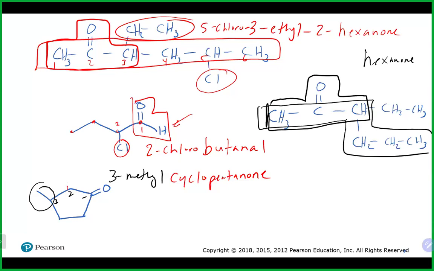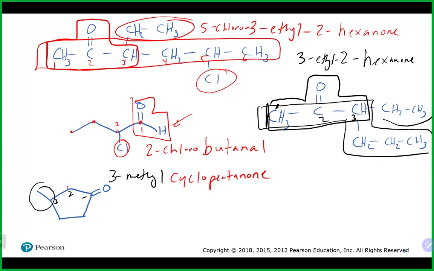There's no chlorine on this one, so that's good at least. That's also still going to be a 2-hexanone because that's going to be carbon 1, carbon 2, carbon 3 is where my ethyl group is. See, maybe I was just naming the other one first. There we go. 3-ethyl 2-hexanone should be the name of this one here. Any questions on any of those names there?